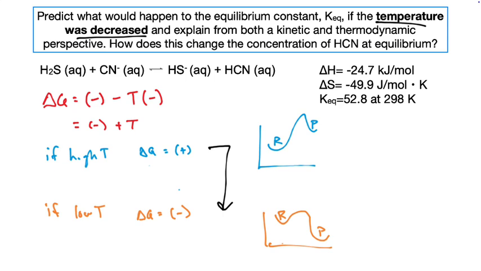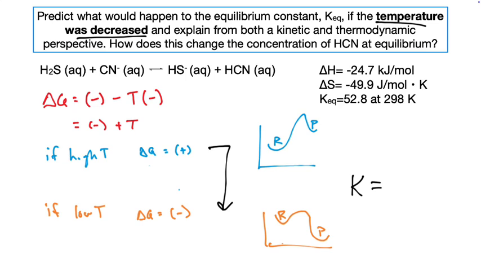The last part, how does this change the concentration of HCN at equilibrium? Okay. First thing I would do is get out of the language of HCN, because when I think K, what do I think? I think K equals, I don't think K forward, the rate constant forward and rate constant reverse.